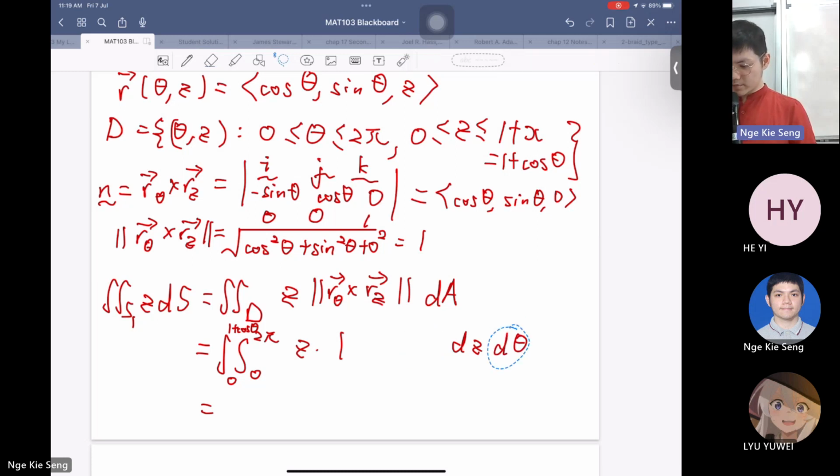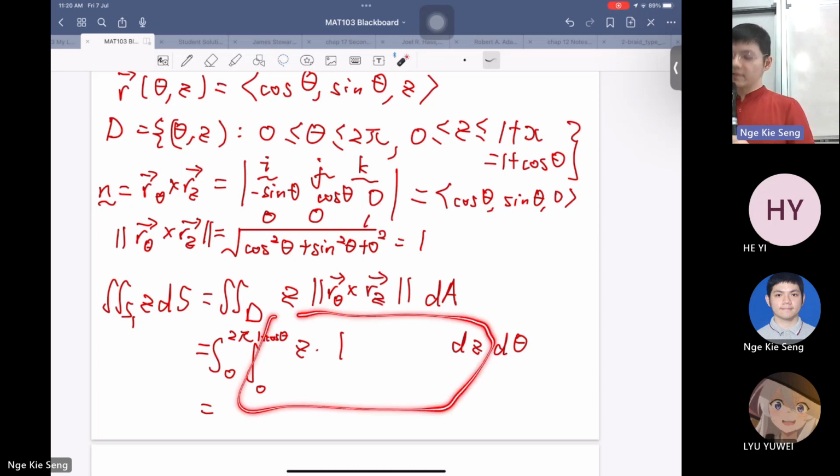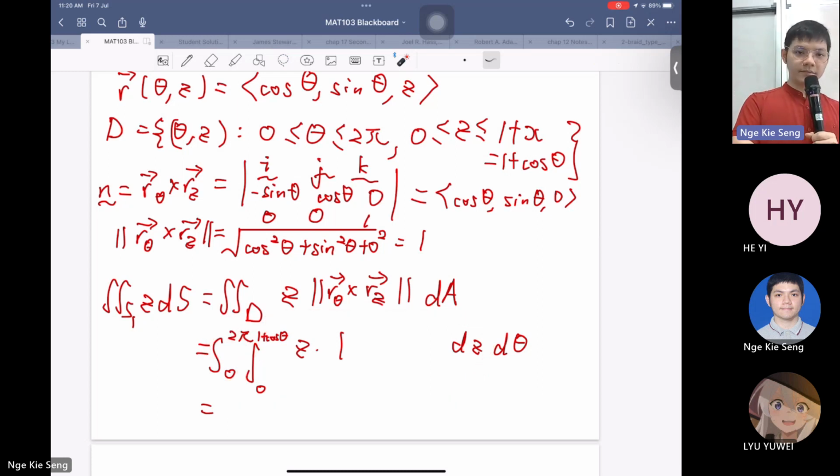So we have to swap, otherwise we need to change our domain. The dependent one should be integrated first, and then the fixed one.